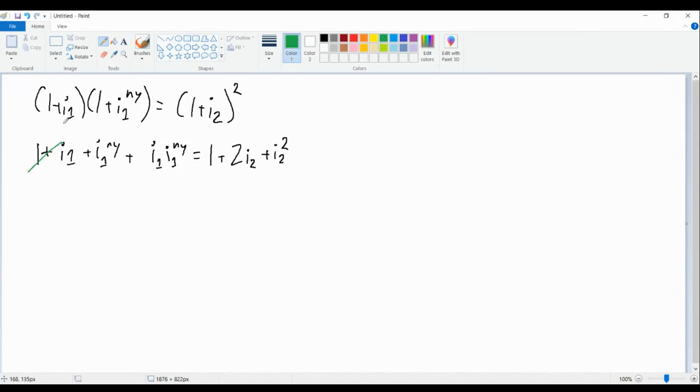What can we do now? Well, subtract 1 from both sides. That disappears, that disappears. Then I want to subtract I2 squared from both sides. To do that, let me move this over. So I subtract I2 squared from both sides. And now I divide everything by 2.